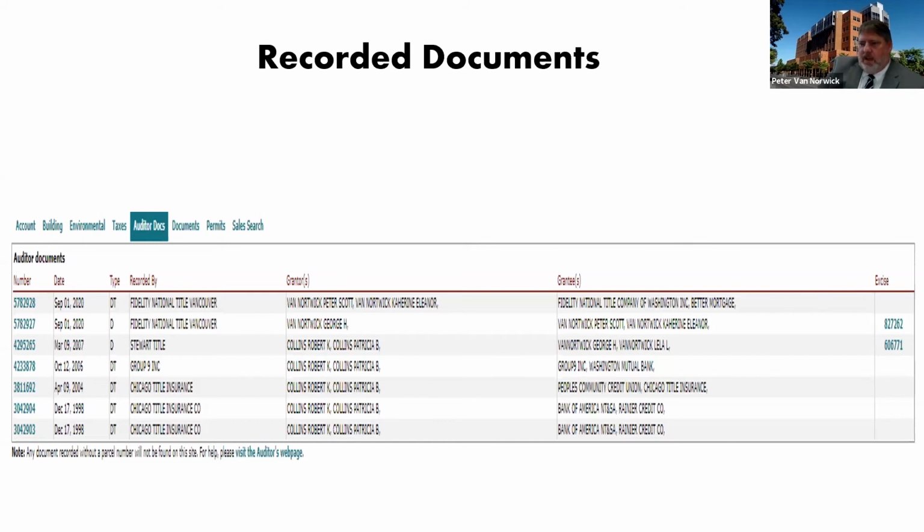So that is an auditor's function, but it's just good to know that it's out there. And so if you ever do need to go and record an easement, that would be done through the auditor's office.